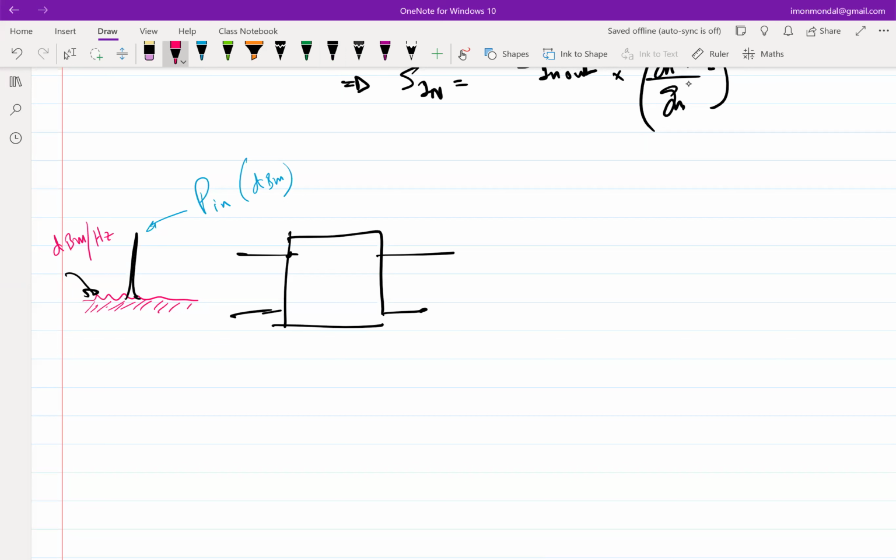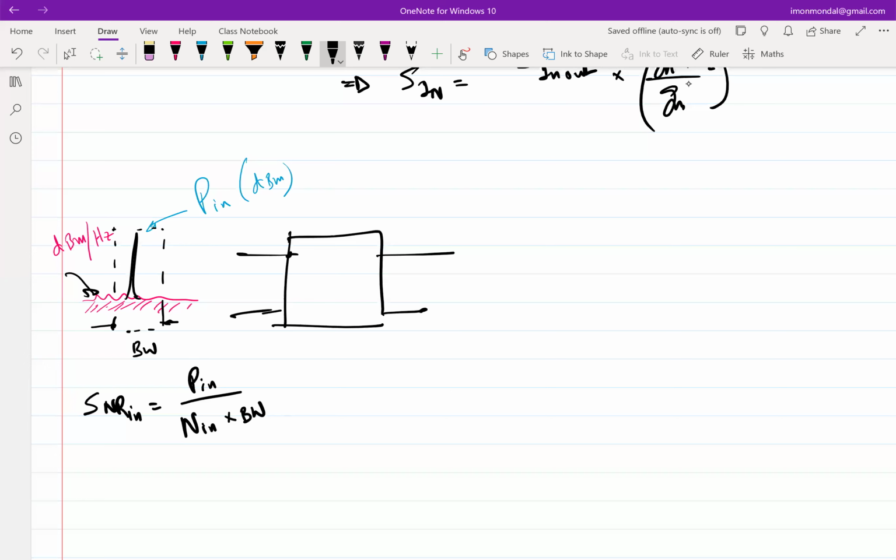So essentially you then say that my bandwidth of interest is probably this much. So your signal to noise ratio, SNR in, is P in divided by whatever noise PSD you are getting, N in, times the bandwidth. Right?